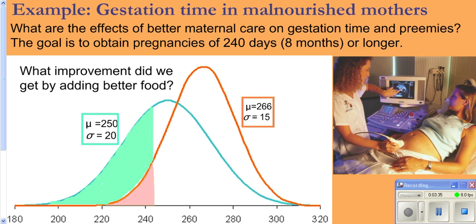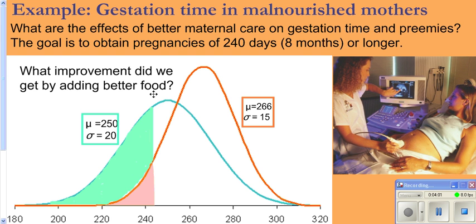So suppose we wanted to take a look at preemie babies. Doctors and mothers don't like to have preemie babies unless they have to. A preemie baby is anyone that is born less than 8 months, about 240 days since conception.